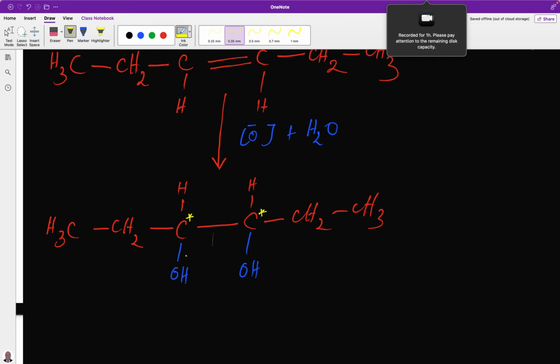So there are four different groups. On the other side again, this carbon again, we have this OH group, we have this ethyl group, we have this, and again, this other side is another group. So these are two chiral carbon atoms resulting from this.